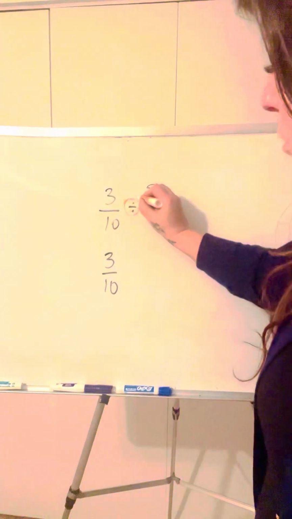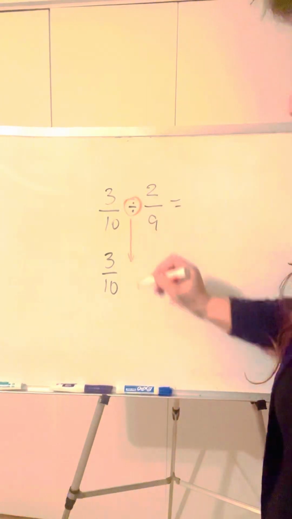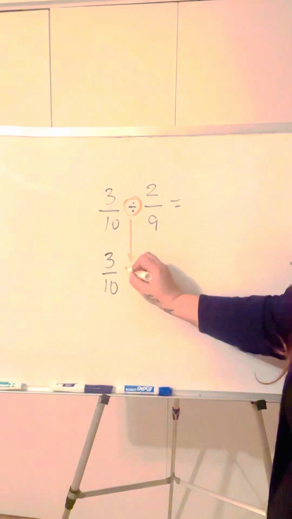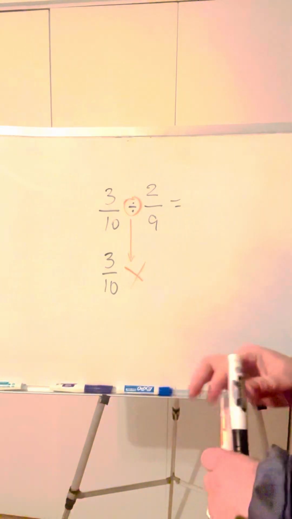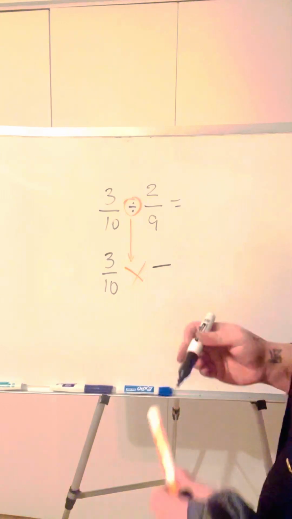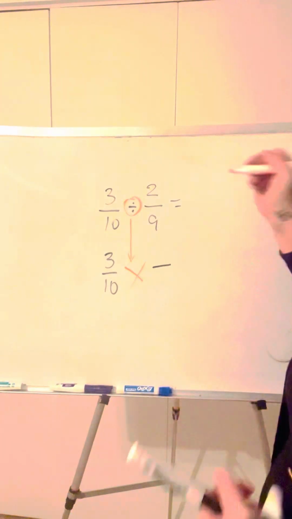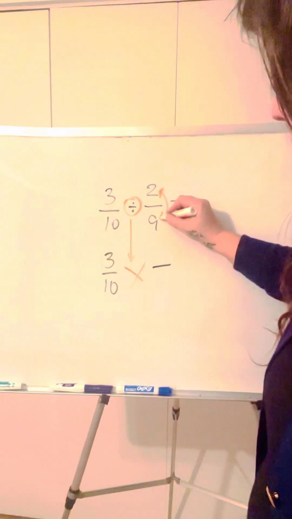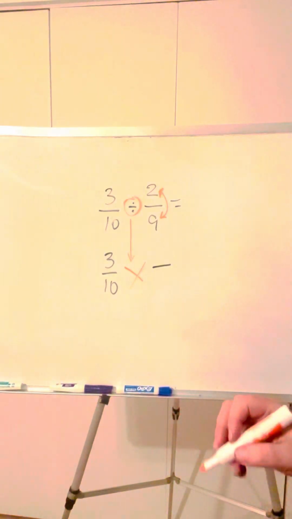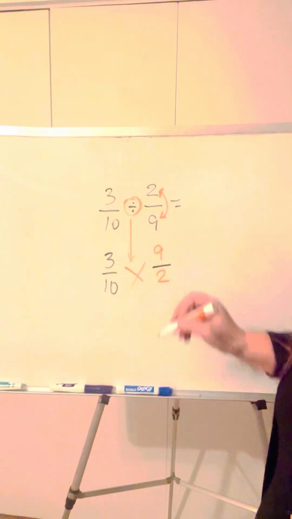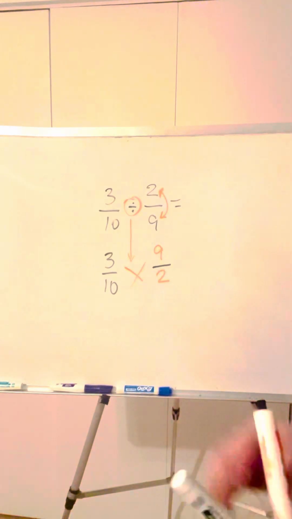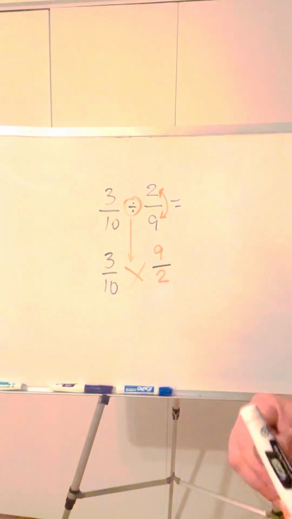Then we have to do what? Turn this into a multiplication. Then we have to do what? Switch these two values. So 9 goes here and 2 goes here. The orange is what you need to change.